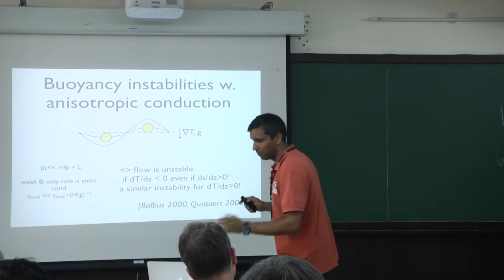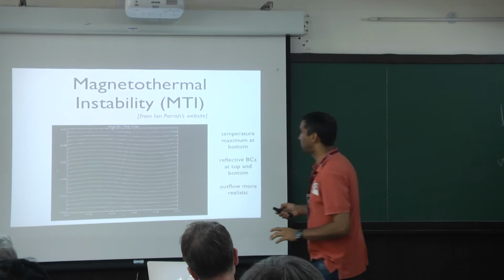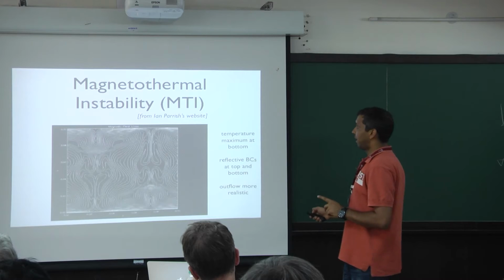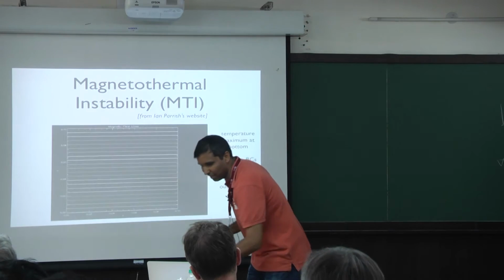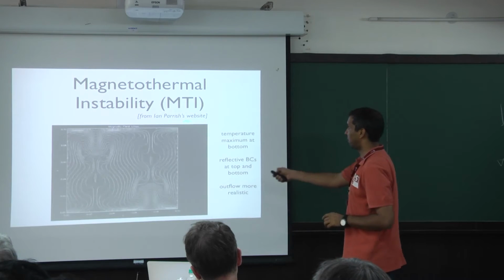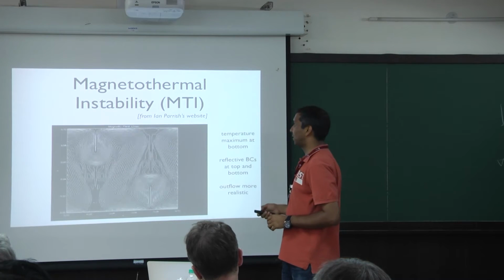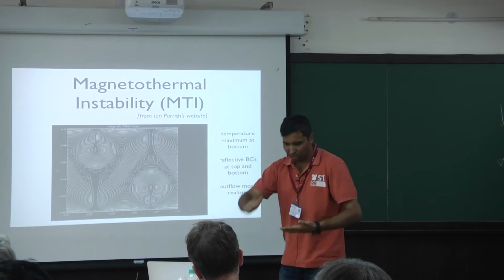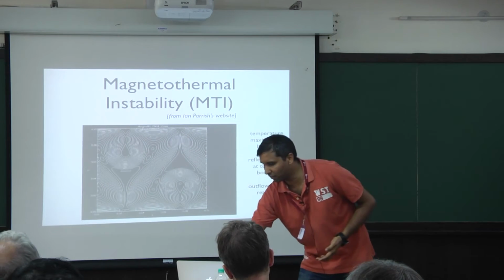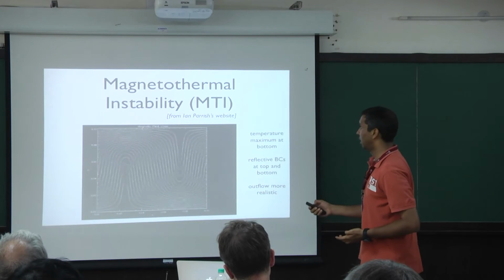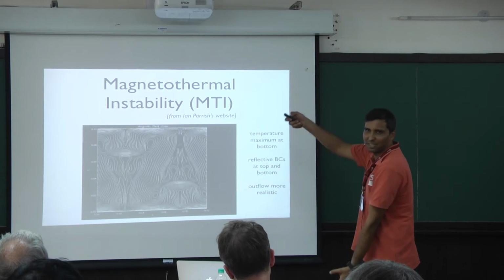Okay, so let me show you a simulation. What is shown here are magnetic field lines, and actually these are one of the early simulations when my friend Ian was doing these calculations. So you have reflective boundary conditions at the top and the bottom. Okay, and the initial field line is horizontal, and you can see the instability taking off.